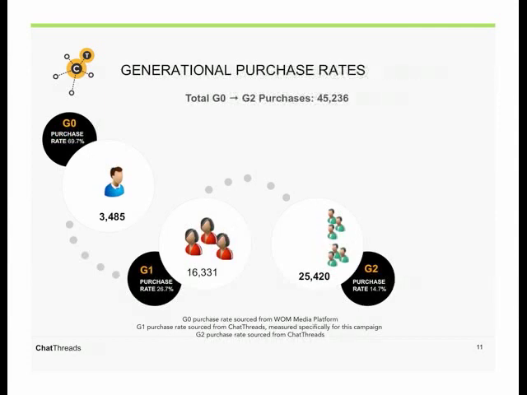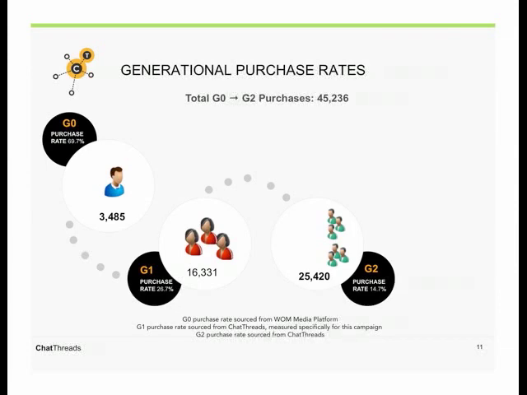Now, we also follow up with a sample of each of those people in each generation to find out how many of those people actually reported purchasing the product. And what we're looking at here are new customers only. So these are incremental customers that the company wouldn't have had if it wasn't for this program. As you might expect, people who are directly engaged and involved in a program are going to have a very high purchase rate, and we see that here, about 70%.